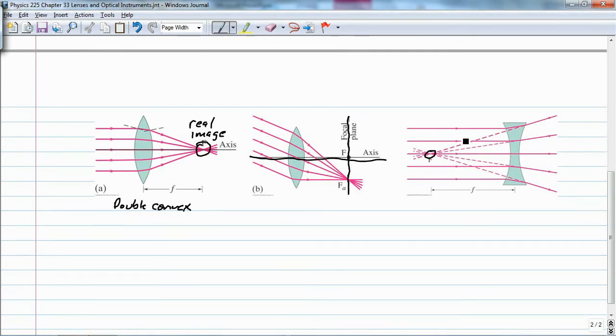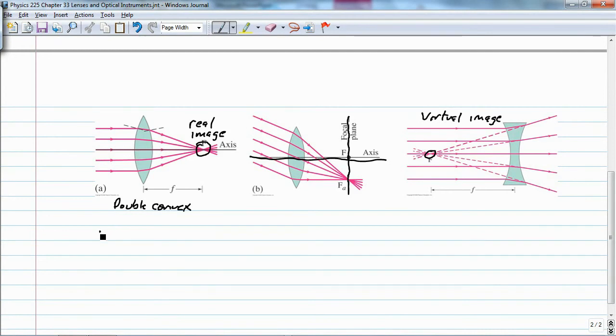And so because of this, you get these diverging rays on the other side, and the focal point in the image then becomes virtual. And we will investigate how this happens. We'll come up with equations so that we can solve these.